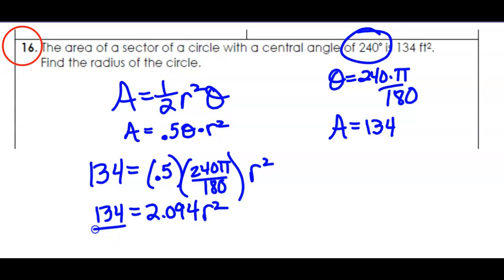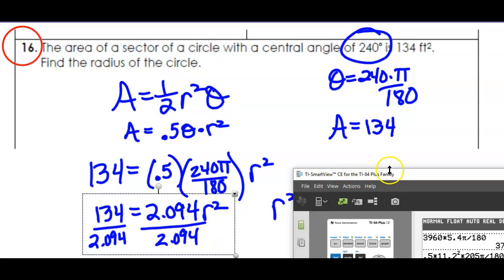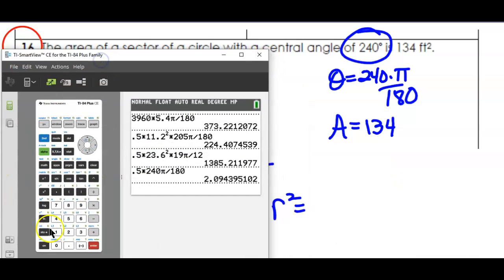So if I divide, I get r squared equals, I'm just going to say divide by that last number there.